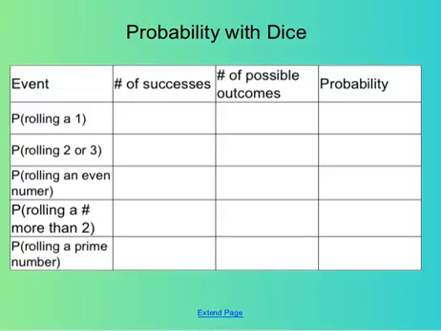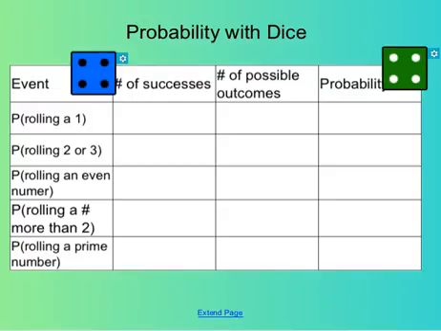So, the probability with dice. Rolling a 1. Notice there are 6 faces on a die. The number of successes is only one, because the number 1 only shows up one time on a die.